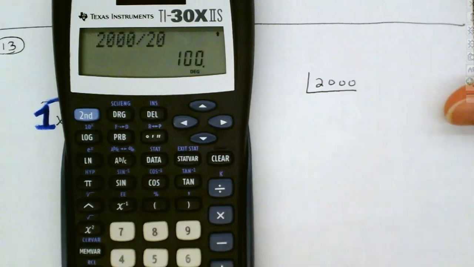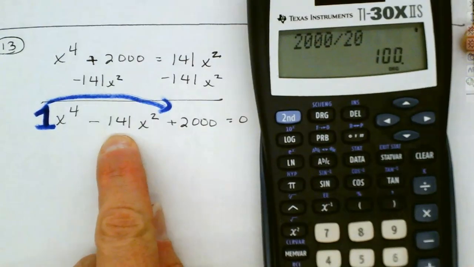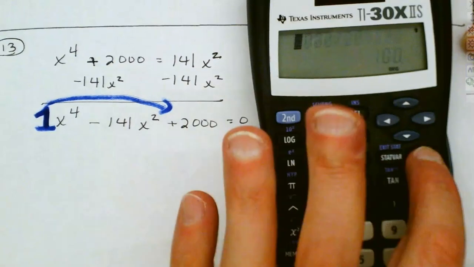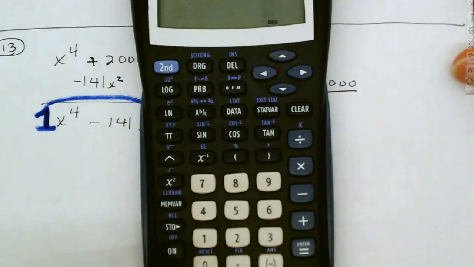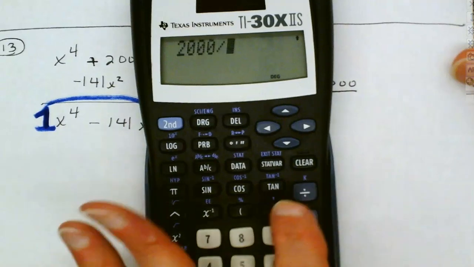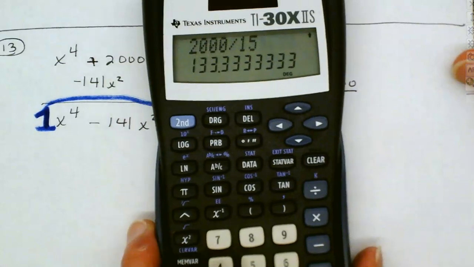Okay, that's 100. So 20 and 100 is 120. What do we need? 141, right? So it's too small, so we need to increase the number. Let's try 15. So we'll take our 2,000 again, divide that by 15. And it doesn't go in there evenly, does it? But it's pretty close.